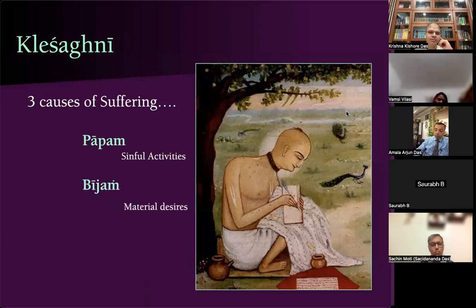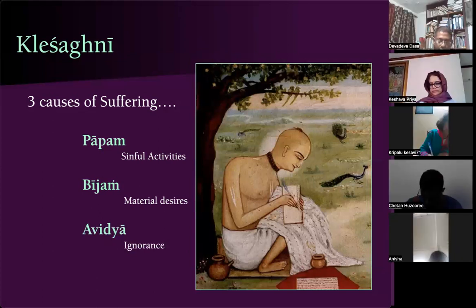Second is bijam, material desires. What leads to sinful activities? Bijam, material desires lead to sinful activities. Now going further down, what causes material desires is avidya, ignorance. If by good chance you remember Bhagavad Gita, we discussed this there also.